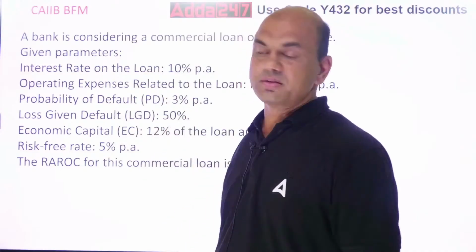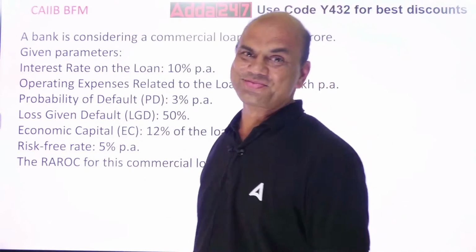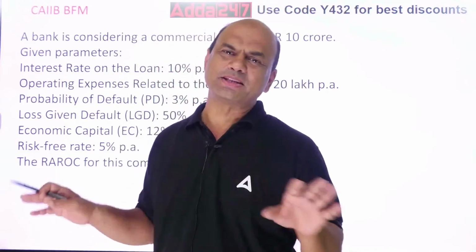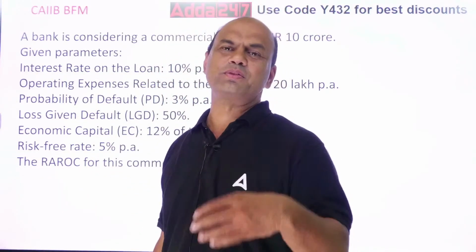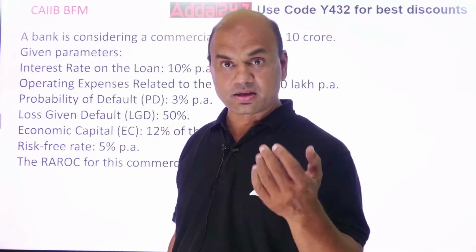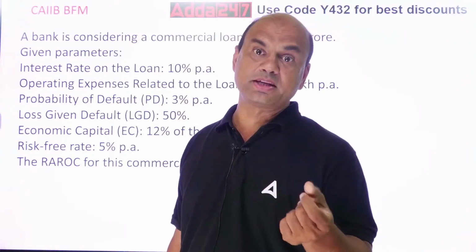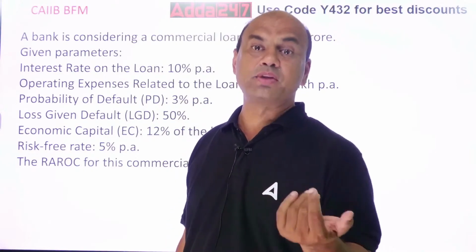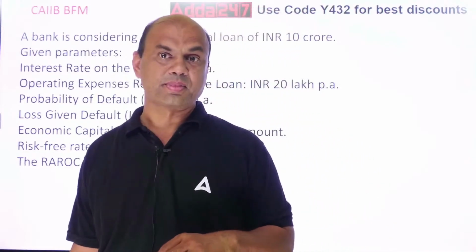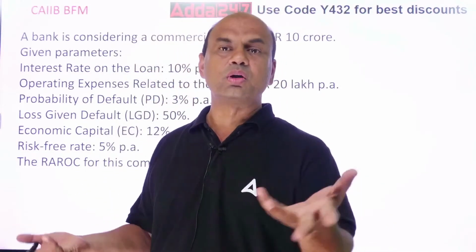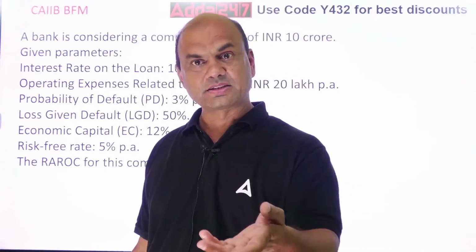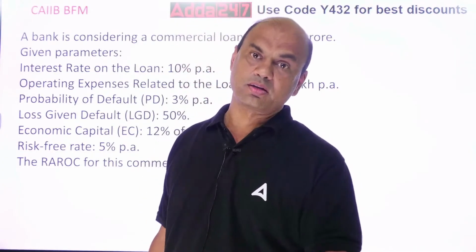Loss given default. What is LGD? I am explaining you in very layman's language. Suppose I give you a loan of 10 lakh rupees and I take a marketable, easy security, let's say an FD or gold of 7,50,000 against this.